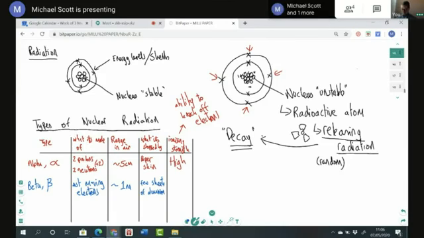It can penetrate paper, but it's typically stopped by just a few sheets of aluminium. Its ionizing strength is moderate, so it's nowhere near as ionizing as alpha. I suppose we can say it's in the middle of the three. Beta still has the ability to knock off electrons, but it's not as ionizing as alpha.